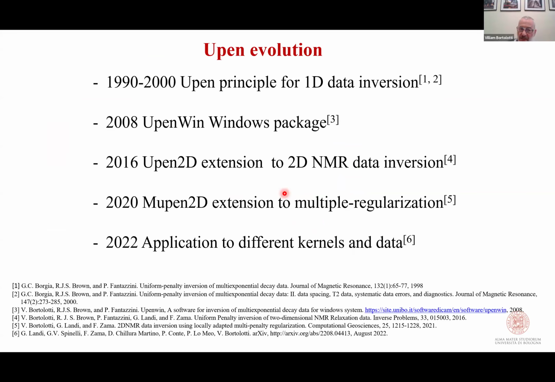With Open, two other persons were involved at the beginning in the development, to test, validate, and verify: Giulio Cesare Borgia and Paola Fantazzini, at the Department of Physics, University of Bologna, my department, DICAM.